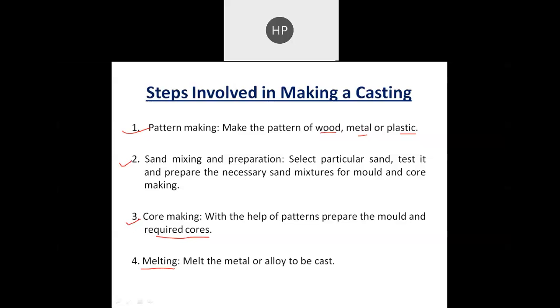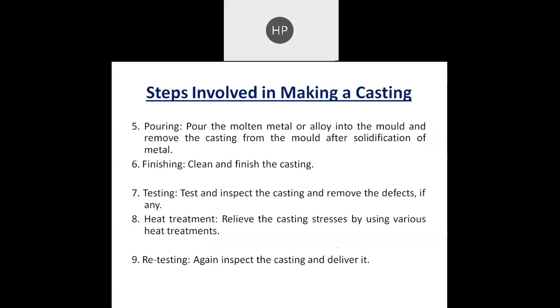The material from which we want to make the final product, we have to melt it. After melting, it is poured inside the hollow cavity and solidified, and after solidification we remove the object from the mold.